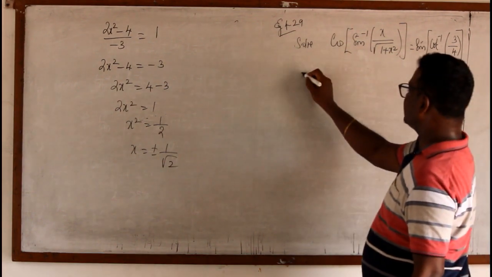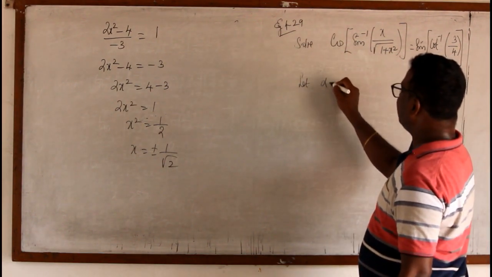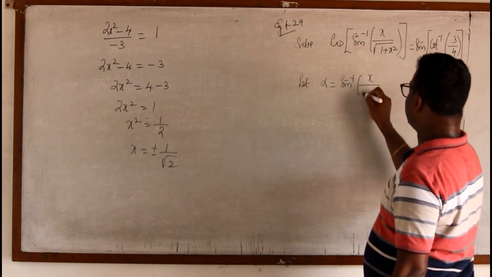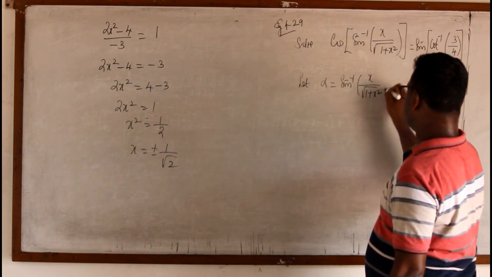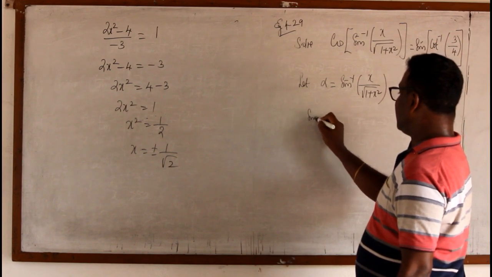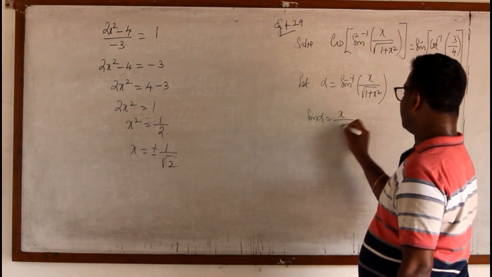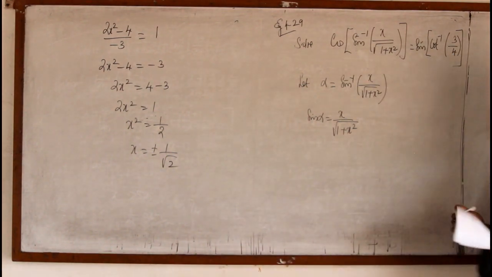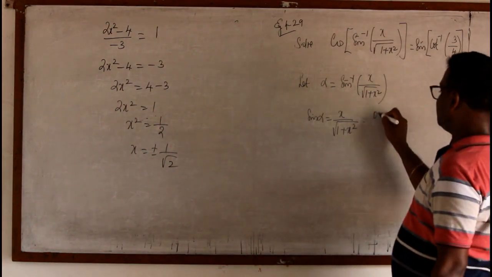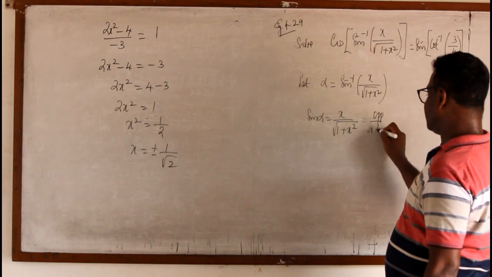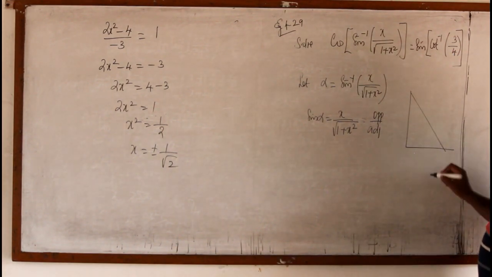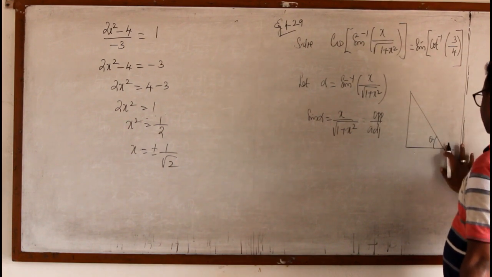So consider this. Let alpha equal to sin inverse of x by root of 1 plus x square. That is sin alpha equal to x by root of 1 plus x square, which is opposite side by hypotenuse. That means I am having a right angle triangle, which is theta.